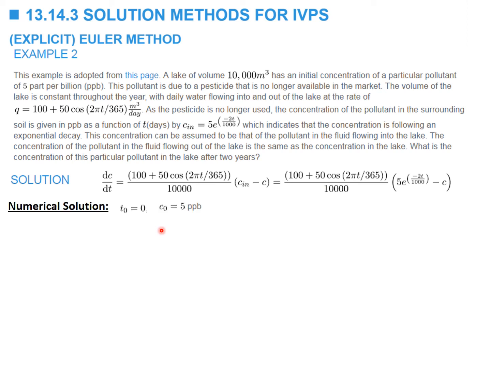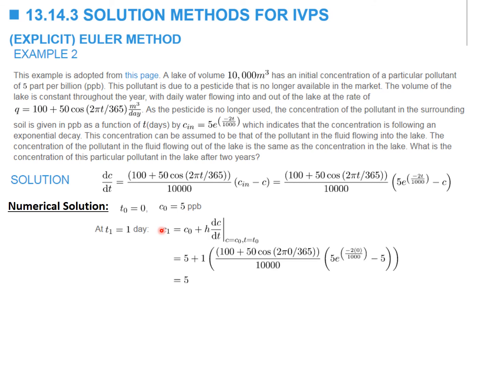In the numerical solution, I know initially when the time is 0, the initial value of C is 5 parts per billion. What happens at t equal 1? The concentration at t equal 1, I'm going to call it C1, is equal to the initial C0 plus h, which is delta t, multiplied by dC over dt, evaluated at the initial point, which is C naught and t naught.